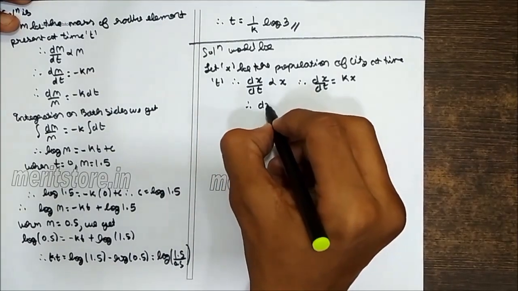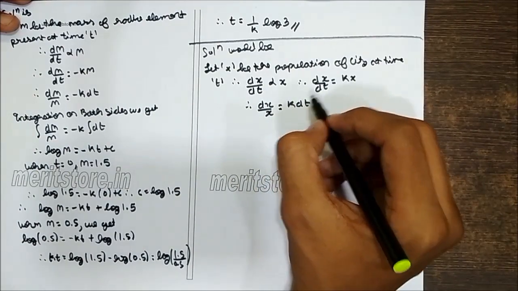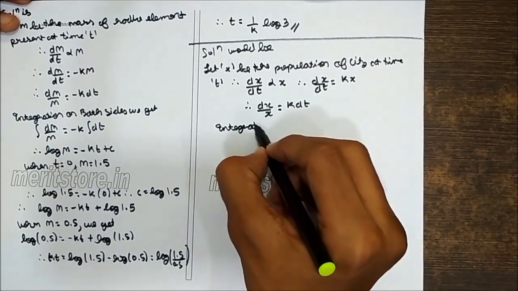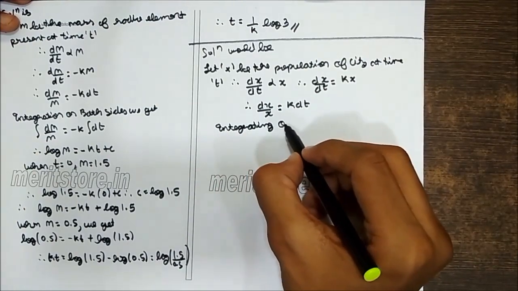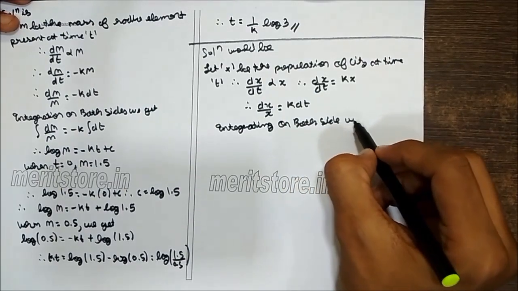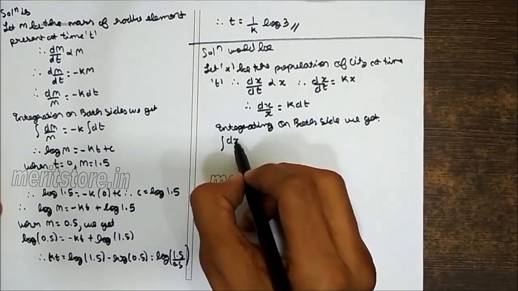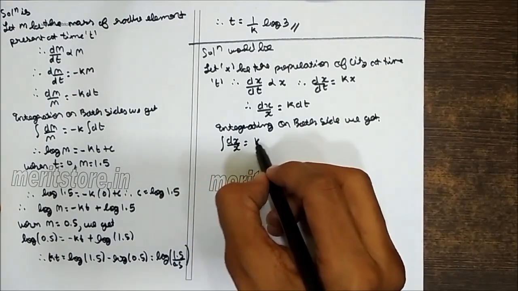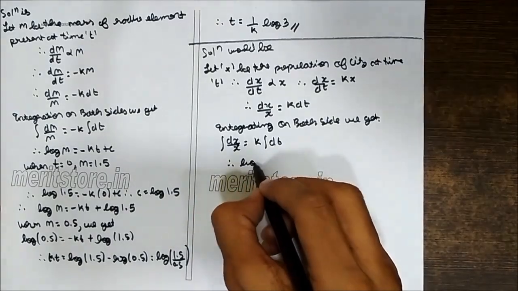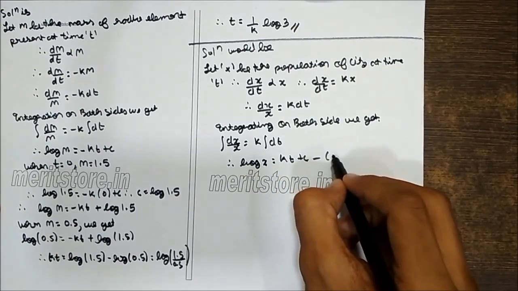Therefore, dx by x is equal to k dt. Integrating on both sides, we get integration of dx upon x is equal to k integration of dt. Therefore, log x is equal to kt plus c, the first equation.